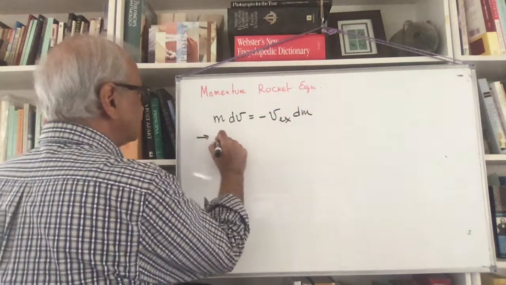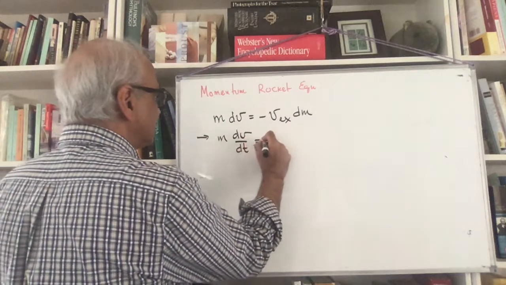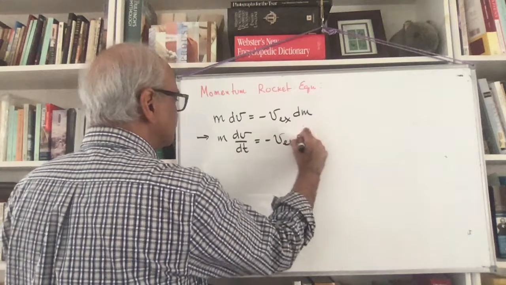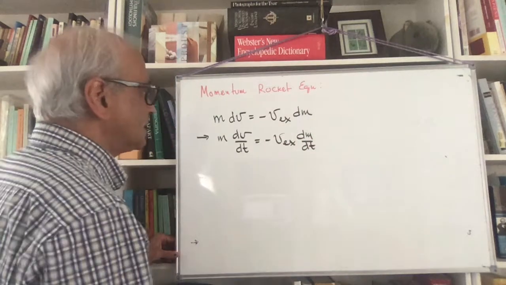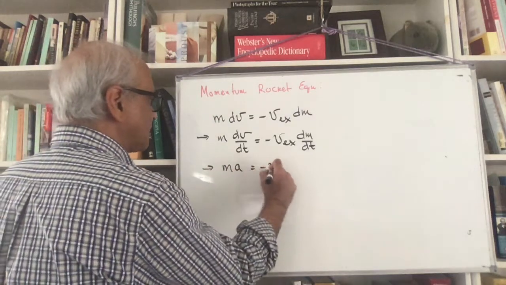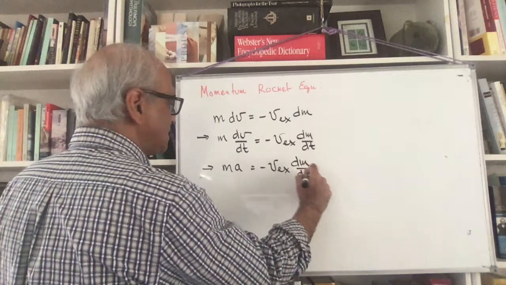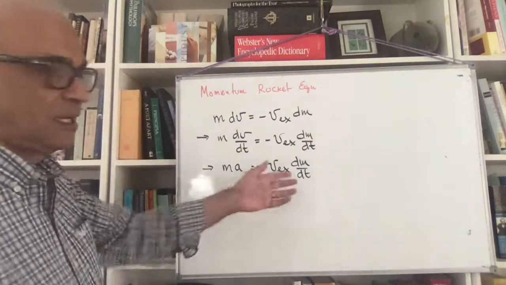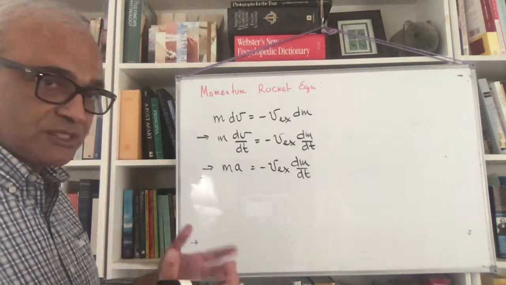So I can divide both sides by dt, right? And then what you get is ma equals minus VEX dm over dt. dm over dt is actually your rate of fuel exhaustion, right?